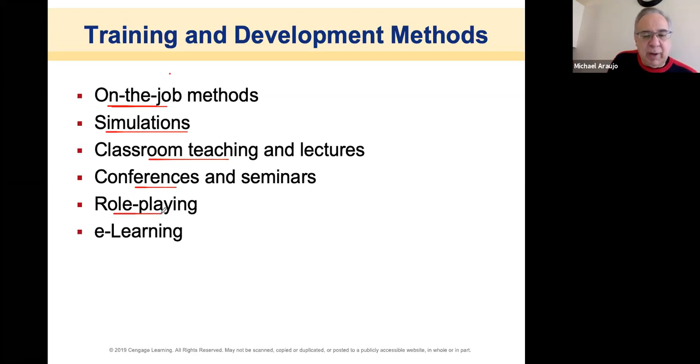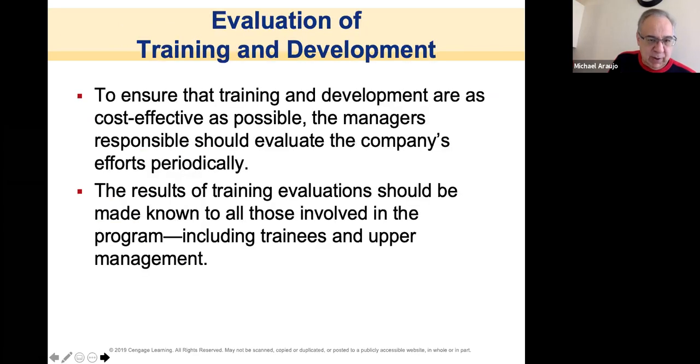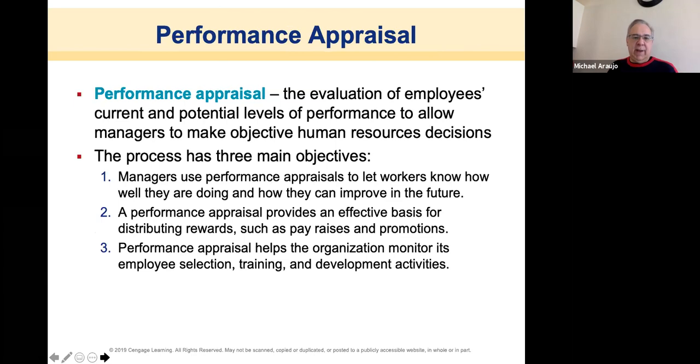Sometimes there's some role playing. So you'll be in the position of the employee, they'll be in the position of the customer, and they'll go through various scenarios so you can learn what to do, what not to do. And of course, online learning, what we're doing now, has been accelerated quite a bit. Again, the whole purpose of that training and development is to make people more productive on their jobs.